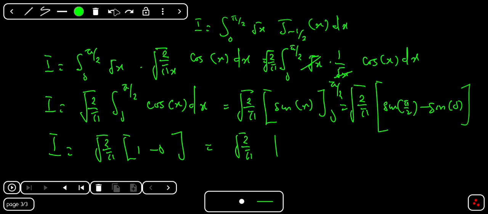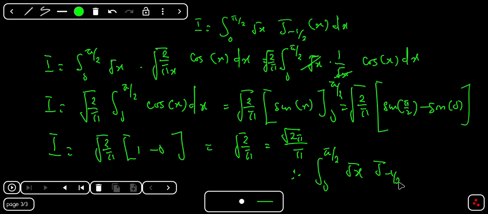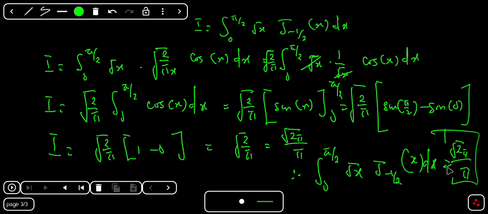Let's rationalize and see what we get. If you rationalize, this will give us square root of 2 pi, then over pi. That is beautiful. Therefore, the integral from 0 to pi over 2 of square root of x multiplied by the Bessel function of negative half of x dx is equal to square root of 2 pi over pi. So that is the answer to the problem.